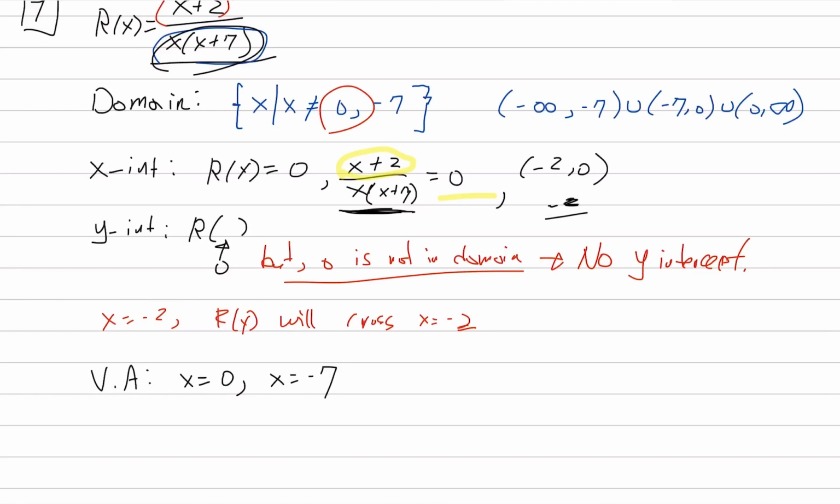Again, if this is simplifiable, we have to look at the simplified version. But since it's already simplified, we just look at the denominator and what will make it 0. So here, this would be the leftmost, and this is the rightmost. Okay, so that's how you type your answer.